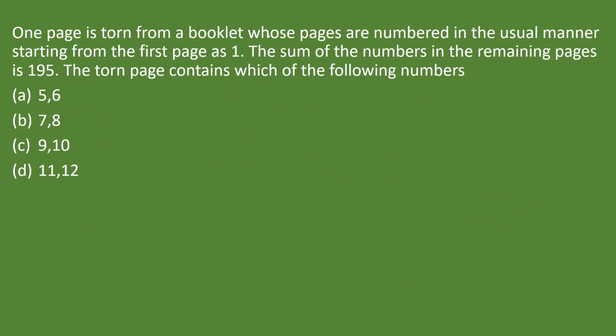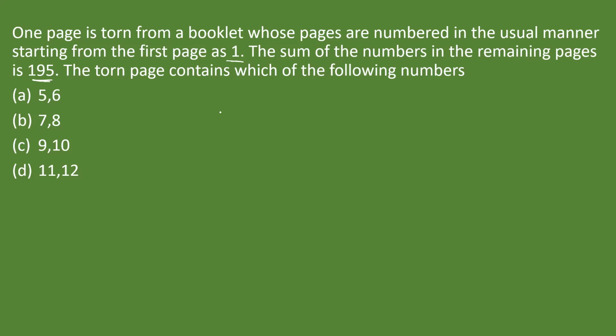One page is torn from a booklet whose pages are numbered in the usual manner starting from the first page as 1. The sum of the numbers in the remaining pages is 195. The torn page contains which of the following numbers? Now, one page is torn from a booklet whose pages are numbered in the usual manner starting from 1.